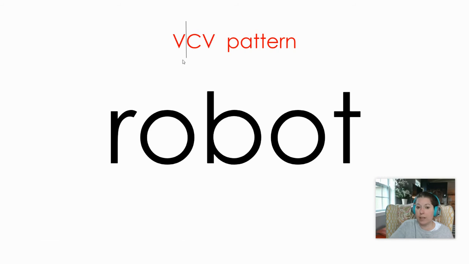VCV pattern. That stands for vowel, consonant, vowel pattern. Now, what we're going to do is go down into our word and find that pattern. Let's look for the first vowel. Here's a vowel. Oh, good. Let's label it. Vowel, consonant.